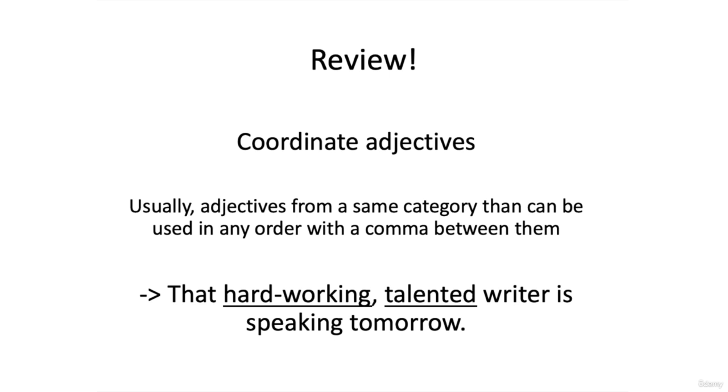In contrast, coordinate adjectives are usually from the same category and can be used in any order with a comma between them. For example, that hard-working, talented writer is speaking tomorrow.